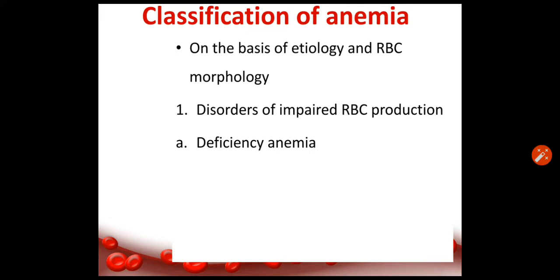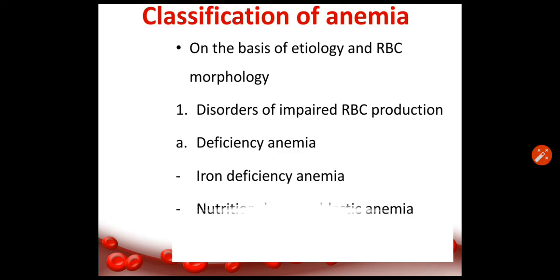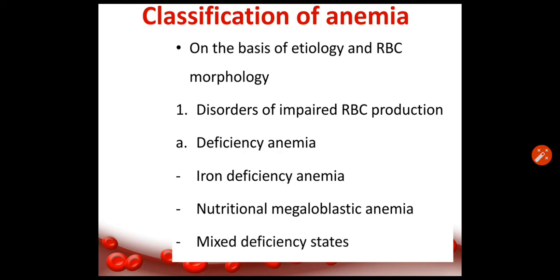The type of anemia coming in that first category is deficiency anemia. For example, iron deficiency anemia is coming under that. Nutritional megaloblastic anemia, mixed deficiency states.